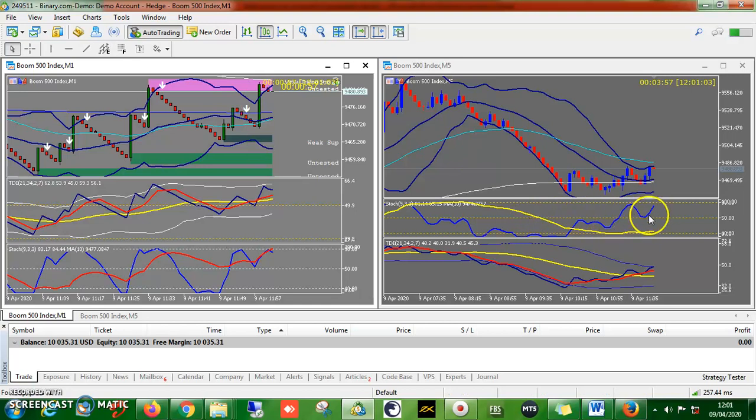Because stochastic on M5 is telling me it's an uptrend for now. So I'm going to be patient until this stochastic on M5 finishes what it's doing, as in going to overbought, and then starts selling, and I'll pick a trade. Until then, I'm not going to take a trade.